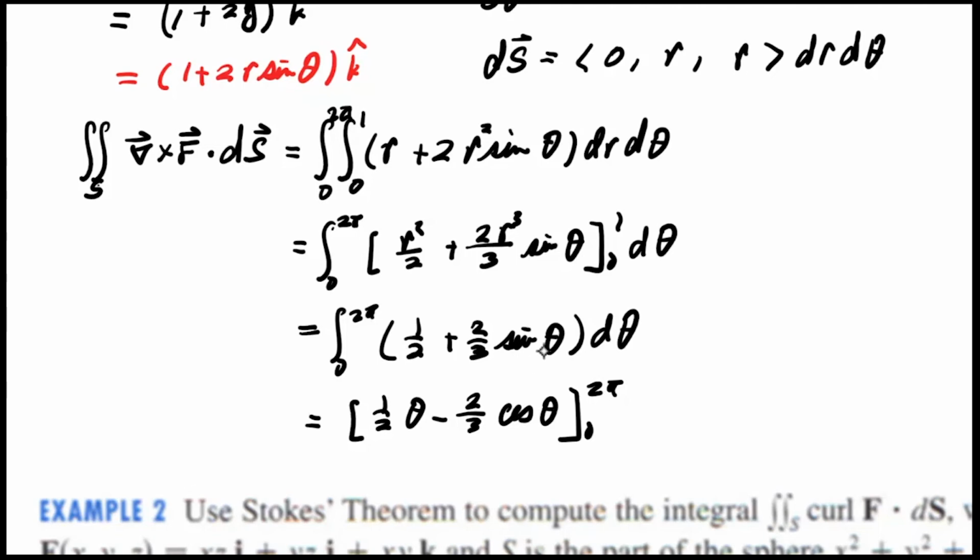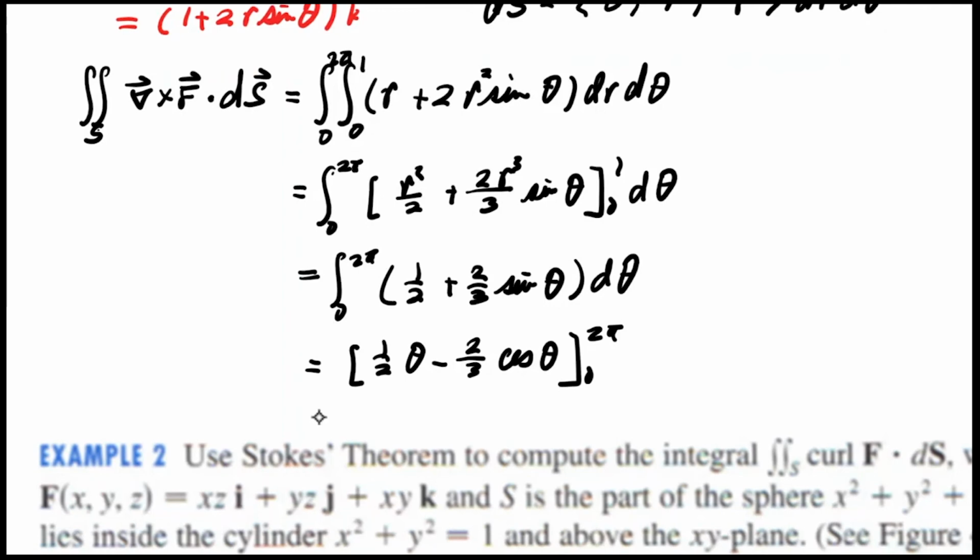This thing dies. So sine and cosine, whenever you're evaluating from 0 to 2 pi, they always die. So the only thing that makes sense is just 2 pi times 1/2, which is pi, which is exactly the same thing we had before. You get it? So proof by example, well, a convincing example that Stokes' theorem is true. It works.